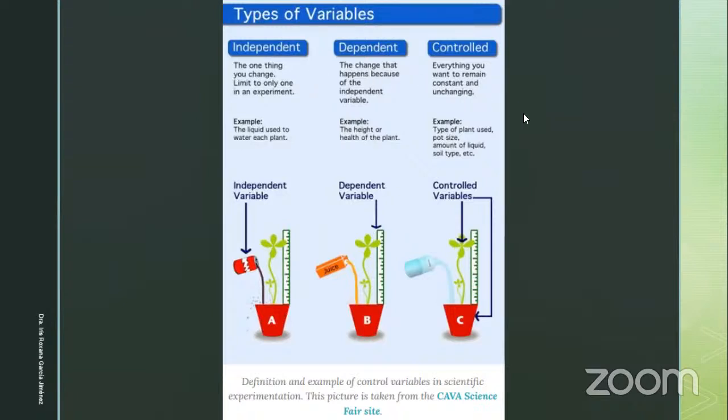But of course, if it's controlled, you don't have to change it because you're looking for a specific result from this specific variable. For example, type of plant used, pot size, amount of liquid, soil type, etc. All the details you can prepare and look for from this information.